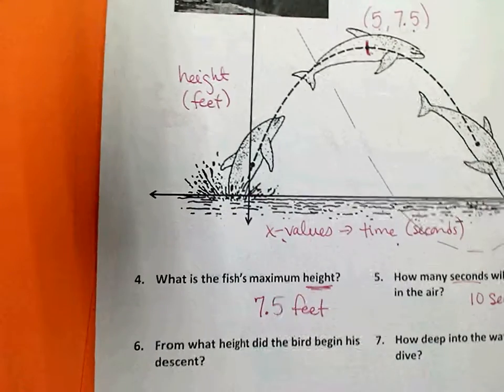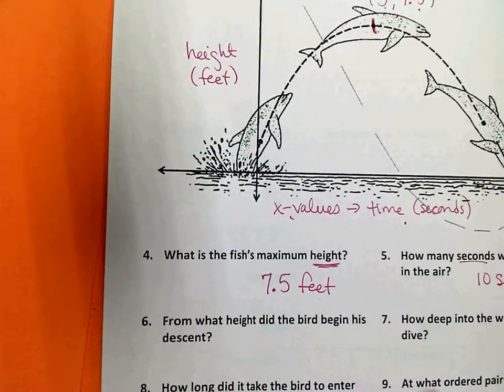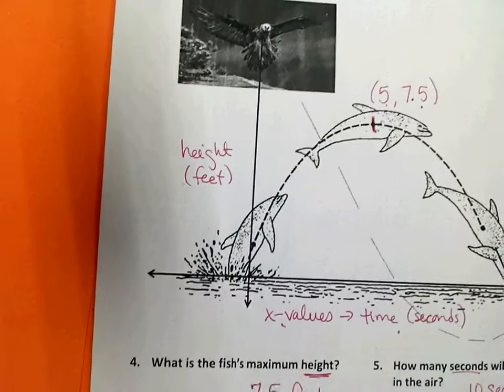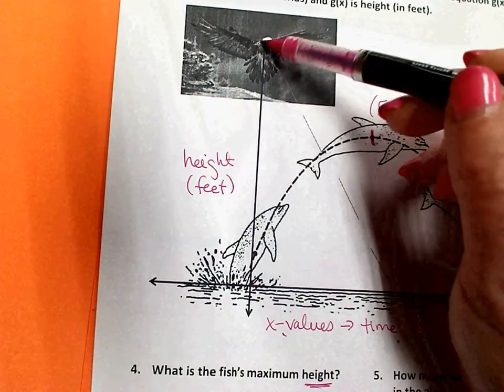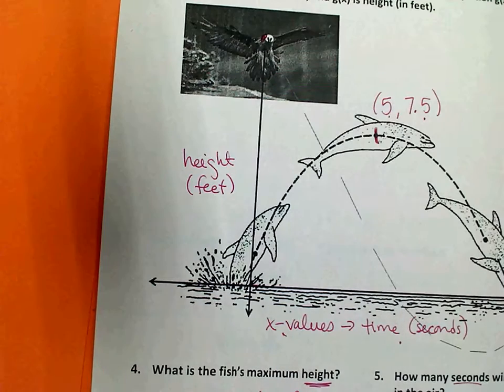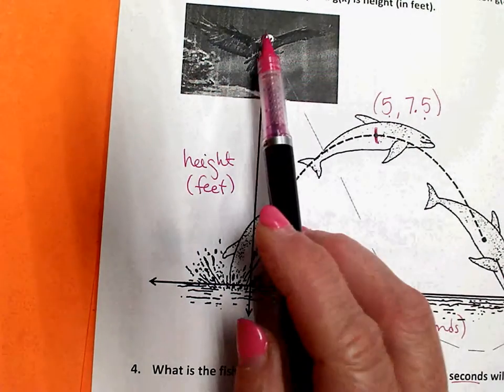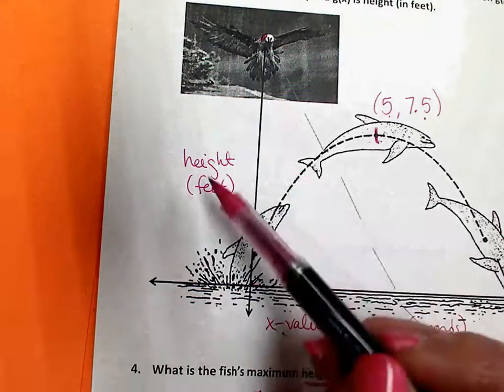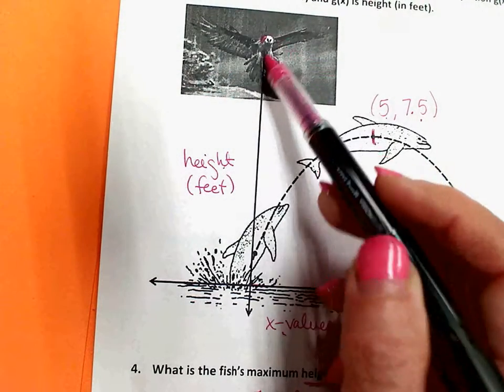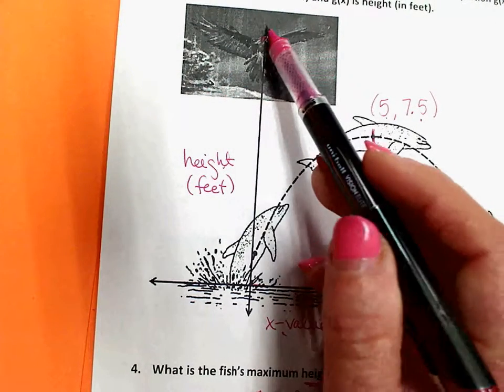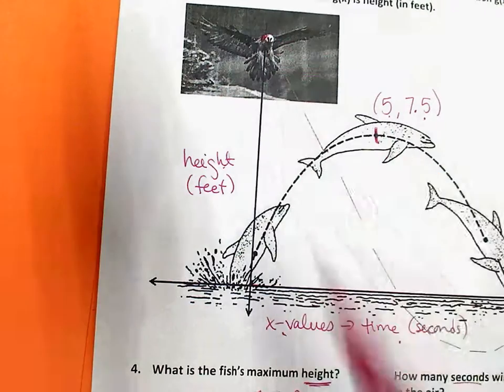So now on number 6, they want to talk about the bird. From what height did the bird begin his descent? So the bird is up here on the y-axis. And what we want to know is how high up he was. We want to know the y-coordinate of where his path is crossing the y-axis.